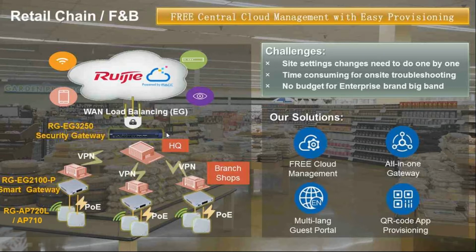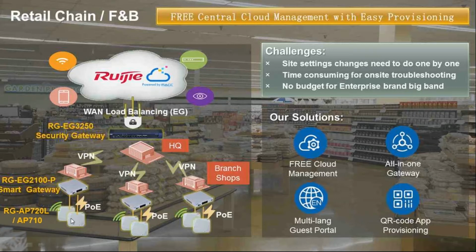So our solution is in the HQ, we will propose the 3250 security gateway at their HQ, because we want to build the IPsec VPN site-to-site from the HQ to the branches or to the shop lots. This is for our retail chain.